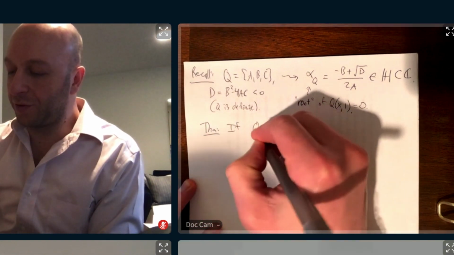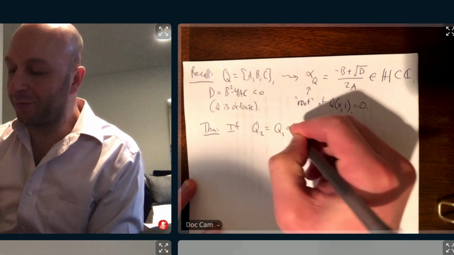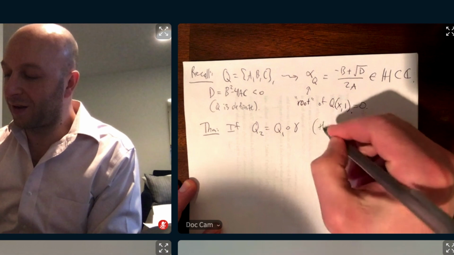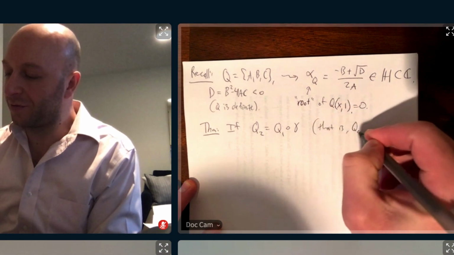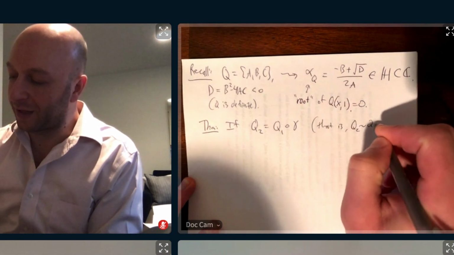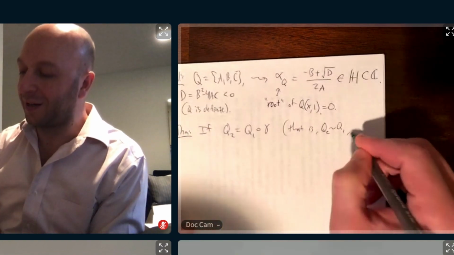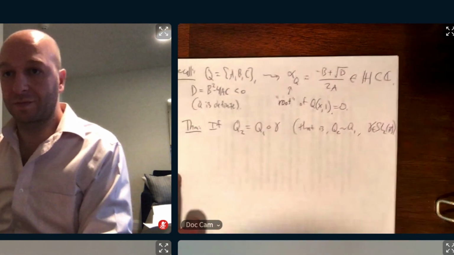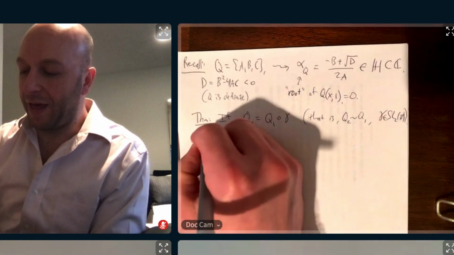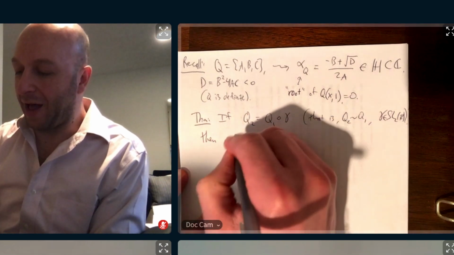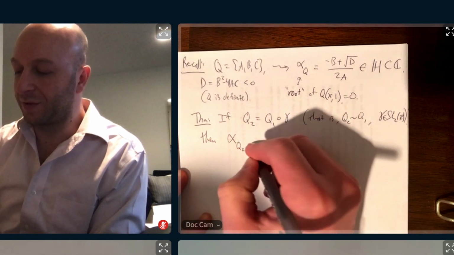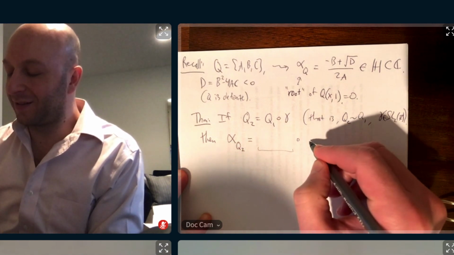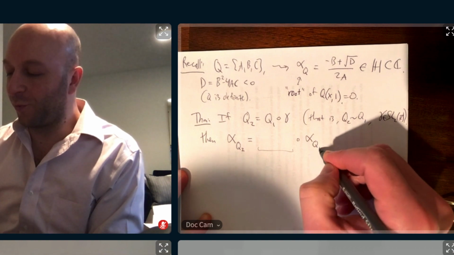If Q2 is Q1 composed with gamma, so Q2 and Q1 are equivalent, and we said that that's an equivalence relation. Here I mean that gamma is in SL2(Z). Then alpha of Q2 is equal to something acting on alpha of Q1.